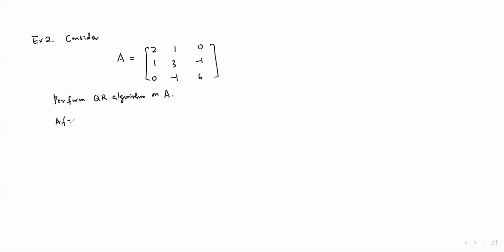After 20 iterations, what we have is A20. Then QR factor A20. We get Q20, R20. Then Q20 is this matrix.